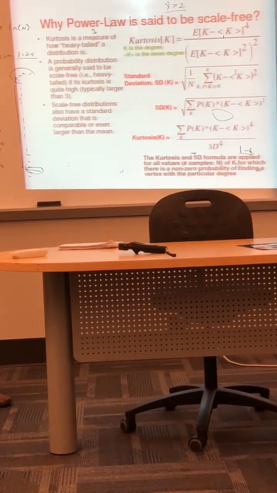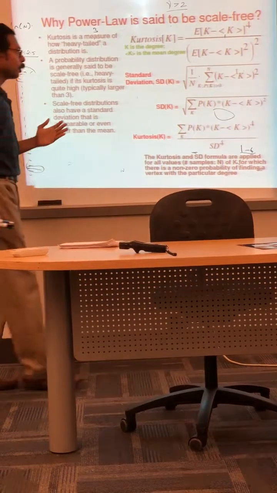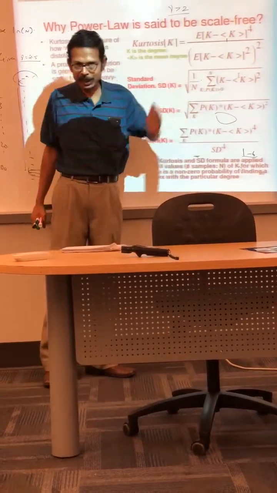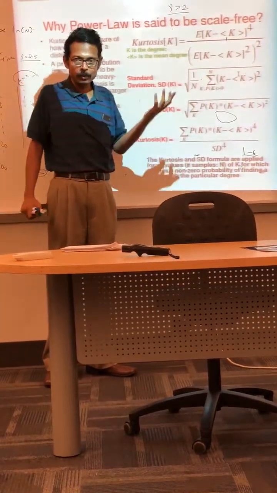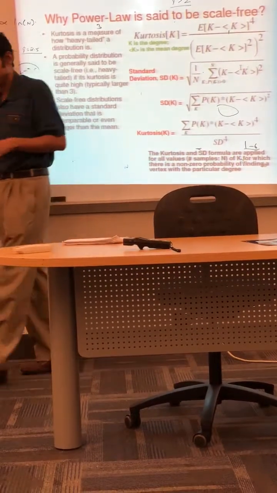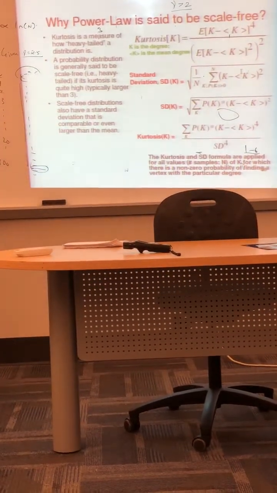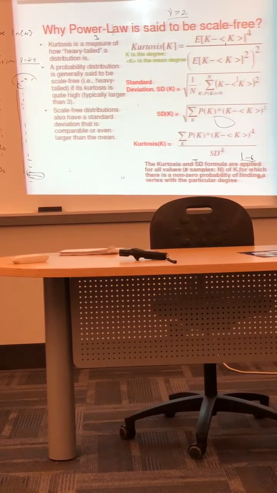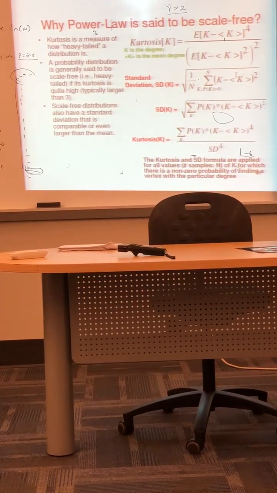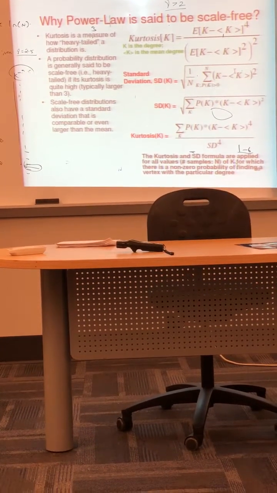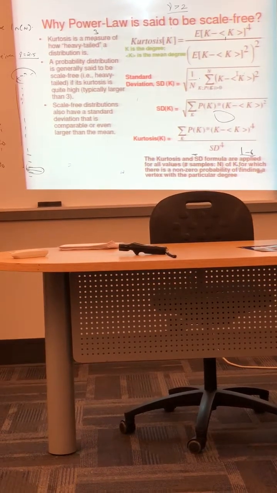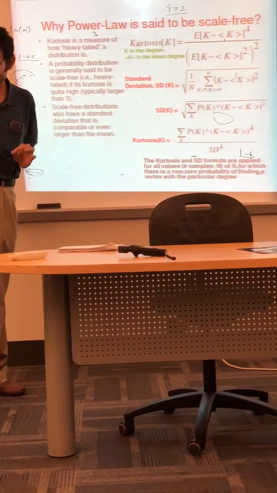The mean is the average, right? So if all the nodes have the same degree, what will be the standard deviation of that network? Zero, there's no variation, right? And also there's a name for such a network. If all nodes have the same degree, it's called a regular network.